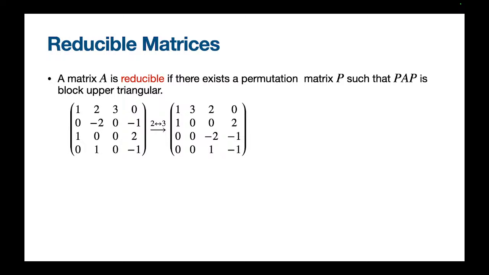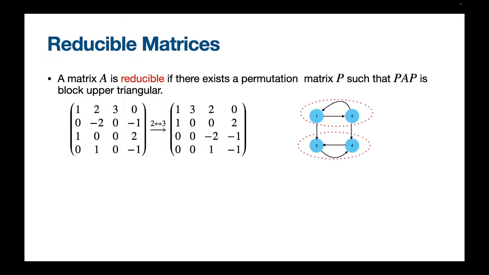A matrix is called reducible if we can permute its rows and columns simultaneously to get a block upper triangular matrix. So in this example, if we exchange the second row and second column with the third row and third column, then we get this block upper triangular matrix.